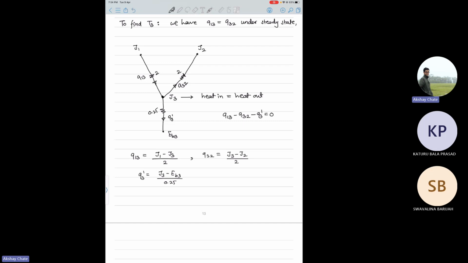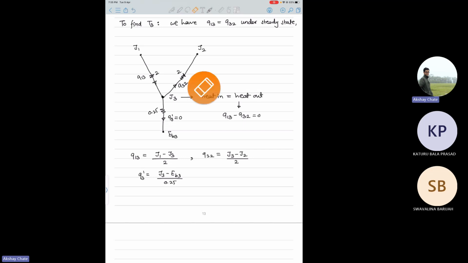So there will be no heat flux flowing from J3 to EB3, right? Because here it has to be 0. So basically the energy balance at the J3 node gives you that whatever is coming in, the heat should go out, right?